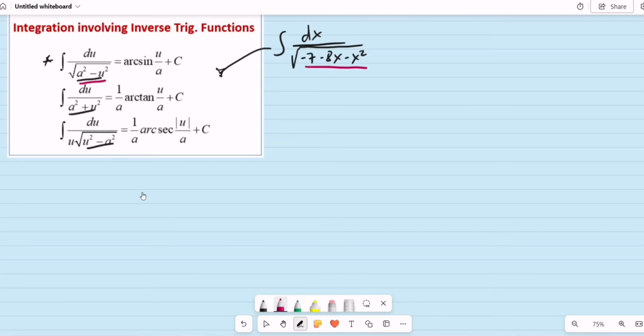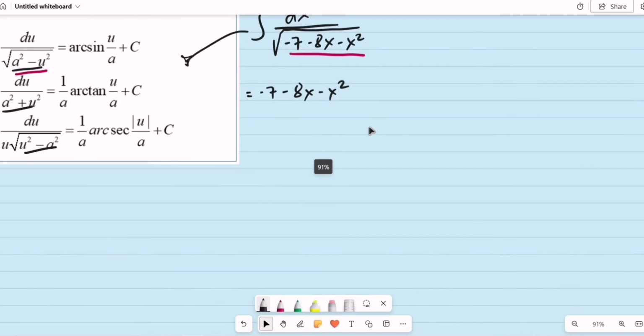But as you can see, we have -7 minus 8x minus x squared. So all terms are negative. We can factor out the negative sign. So this is now equal to negative, then we have 7, then plus 8x, then plus x squared.